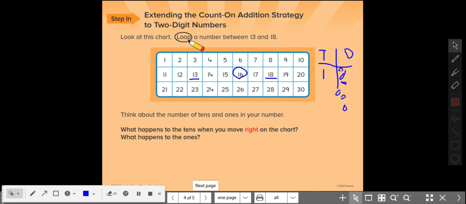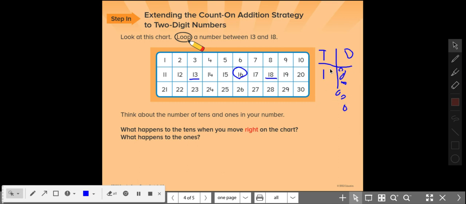What happens to the tens when you move right on the chart? So if I go from here, number 16, and I move to the right, what happens to the tens place when I move one place to the right? Nothing, right? It's still a 1 in the tens place. What happens to the ones place when I move one space to the right? So I went from 16 to 17.